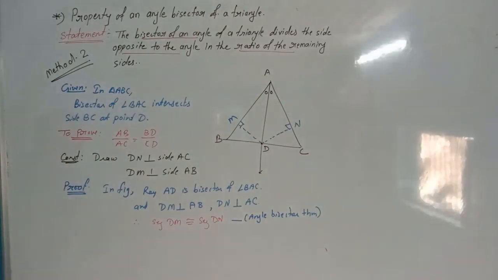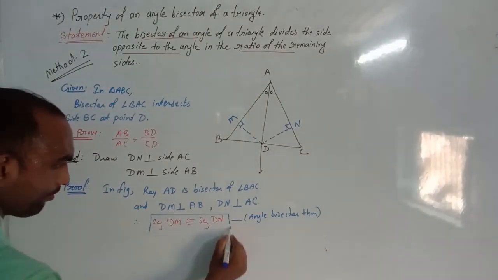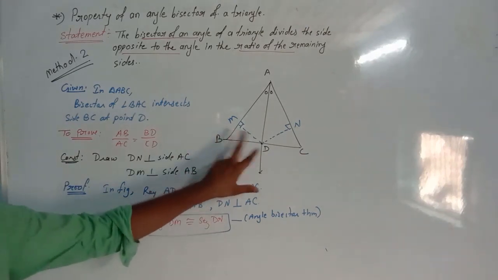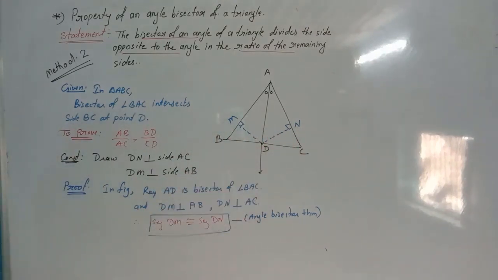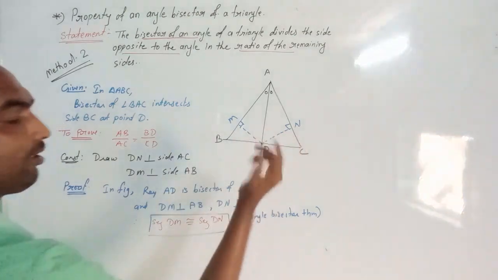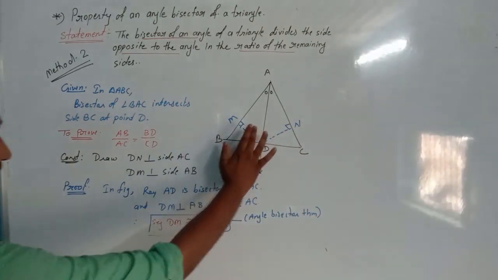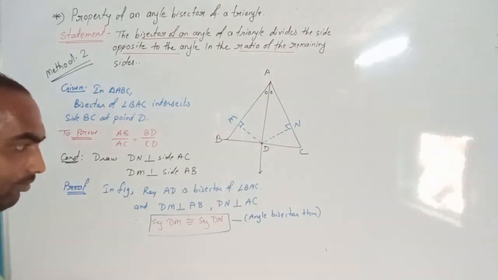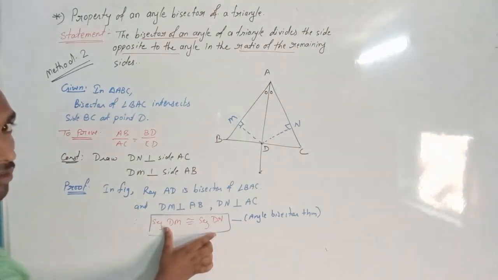Is that clear? So keep this point in your mind. And if you see that DM and DN is what? Is a perpendicular. So perpendicular है तो क्या होगा? वो तो हाइट होगा ट्रायंगल का. तो हाइट दोनों क्या हो गए? Equal. So in these two triangles, heights are equal from here. Correct? DM is equal to DN.